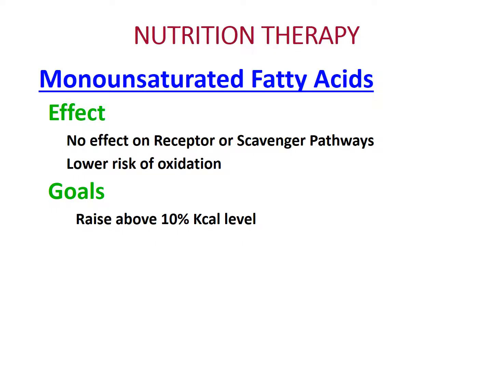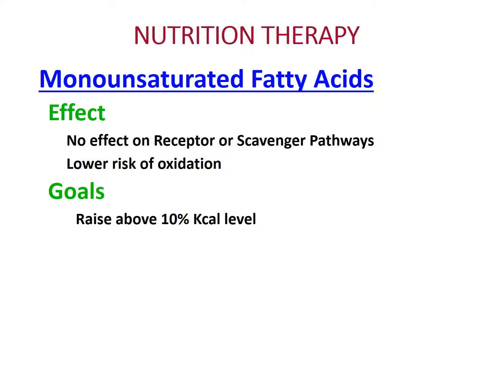The monounsaturated fats are considered heart friendly. They don't have any effect on the receptors or wouldn't increase the scavenger pathway. They only have one double bond, so they have a lower risk of oxidation. There is some talk about raising the recommendation for monounsaturates up to maybe 15% or more.